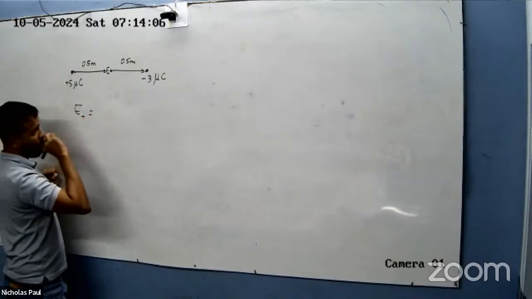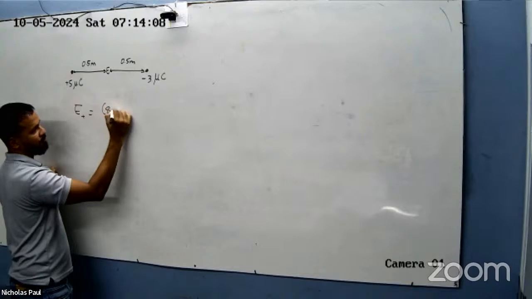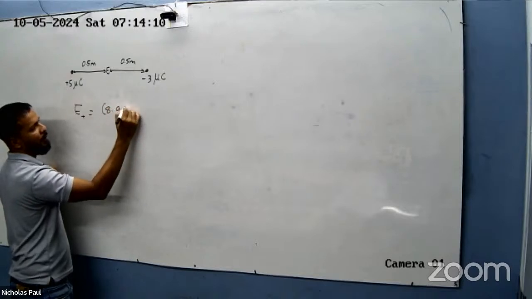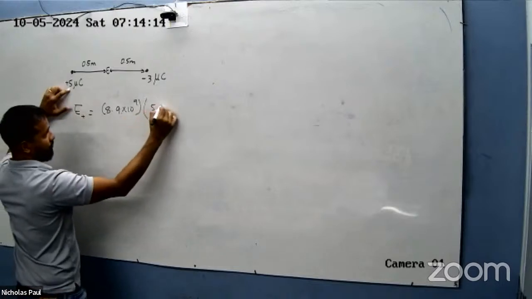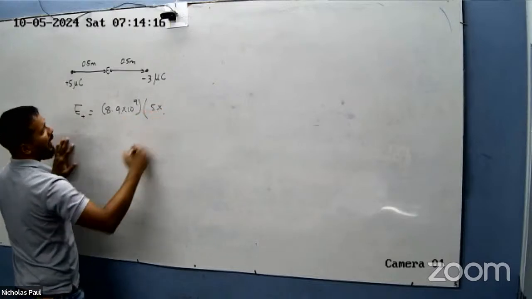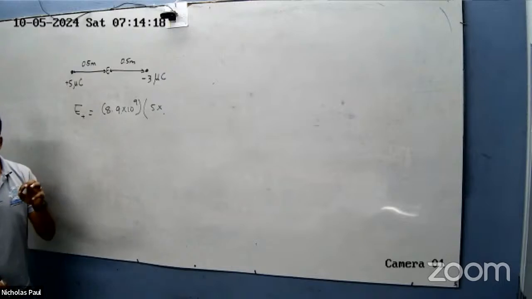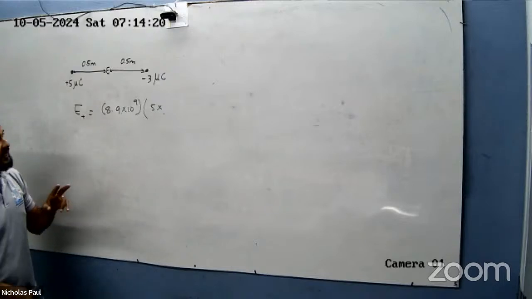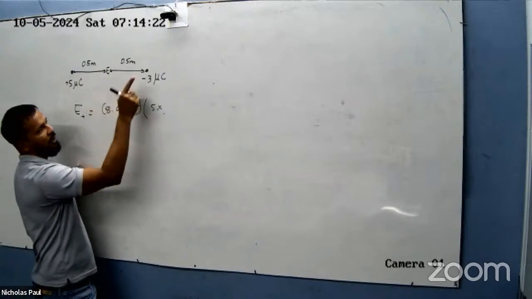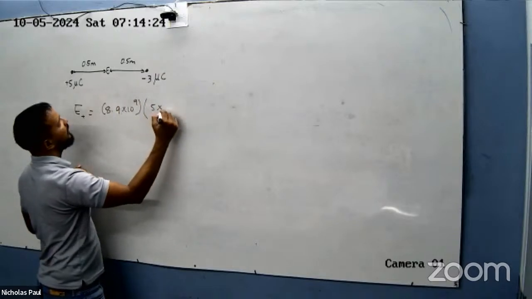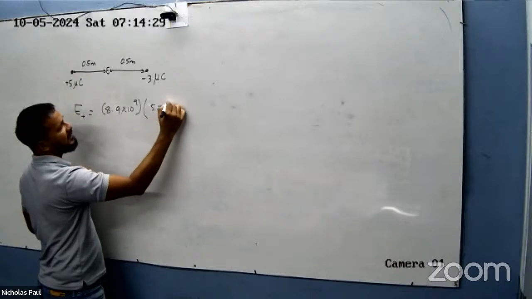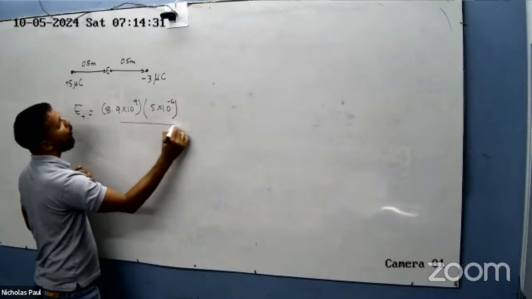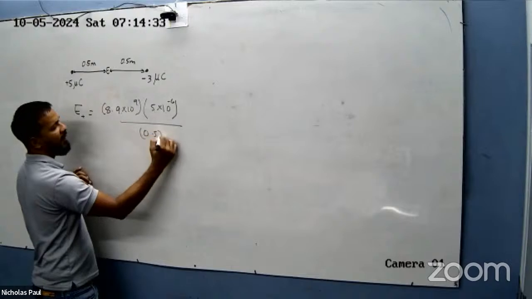That will be K, 8.9 by 10 to the 9, by Q. Please notice that we're not writing the signs in, we are just indicating the direction after, right? 5 by 10 to the minus 6 all over 0.5 squared.